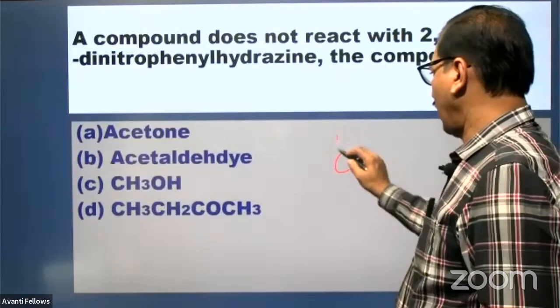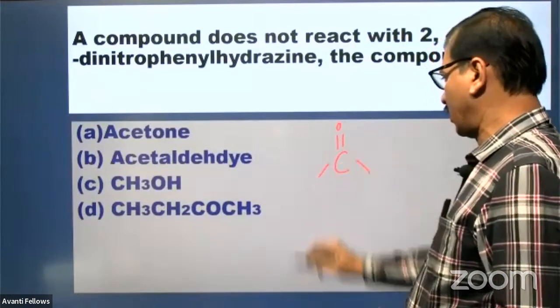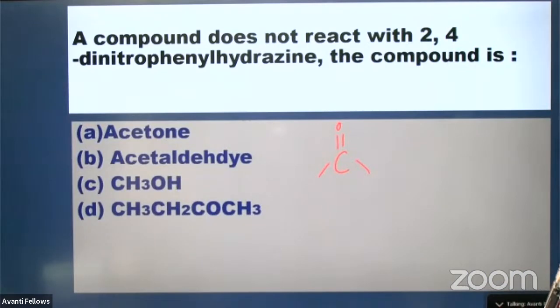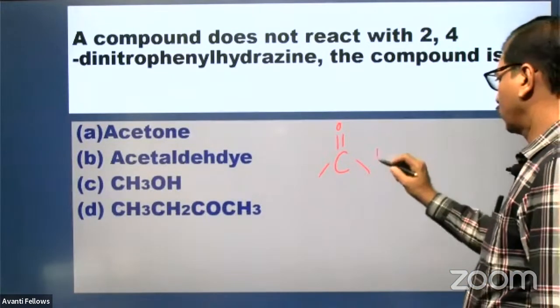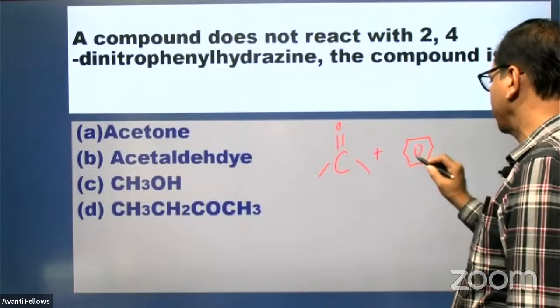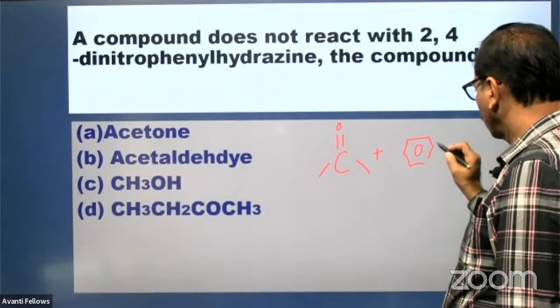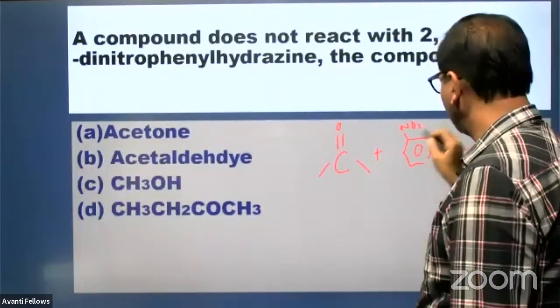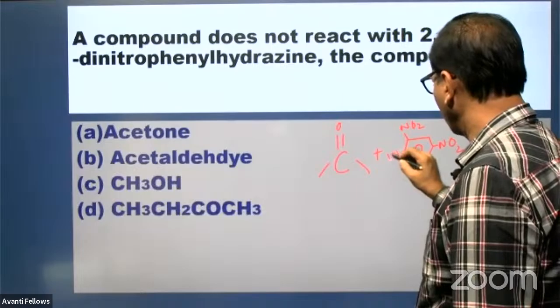Those having a carbonyl group undergo reaction with 2,4-dinitrophenylhydrazine. This is the NO2 group, this is NH-NH2.